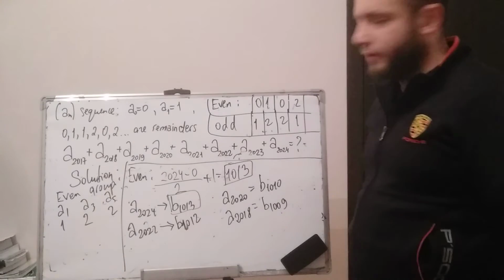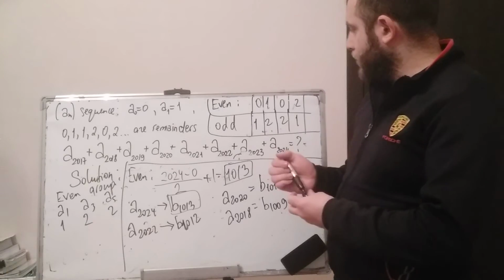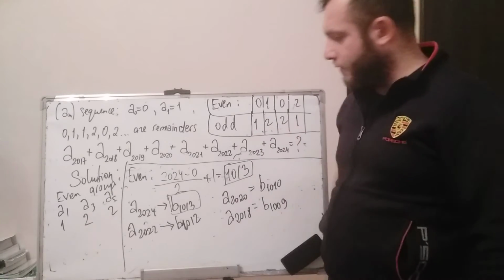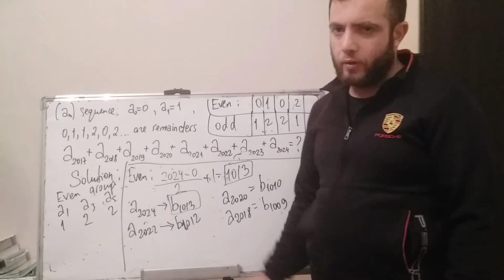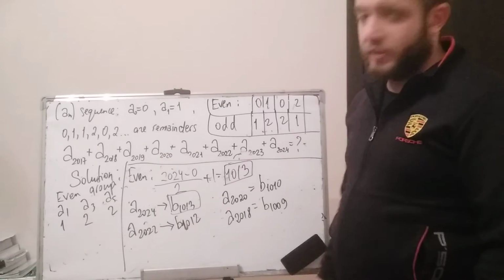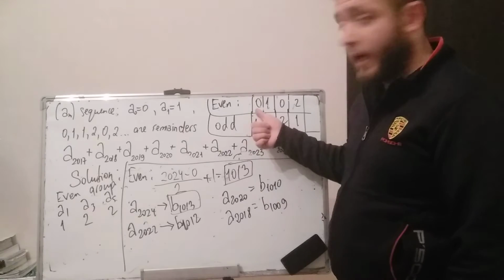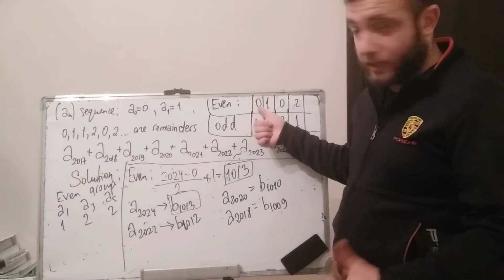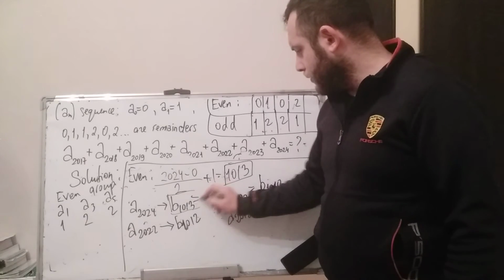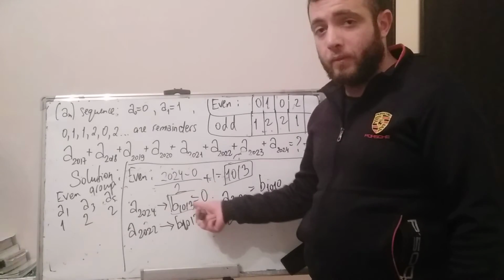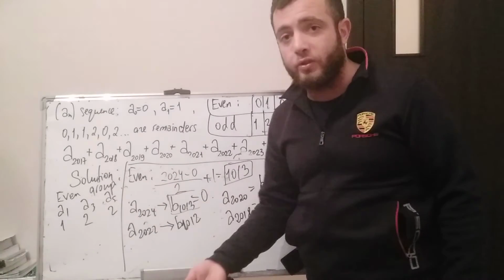They repeat every 4 numbers. So if we divide the given index 1013 by 4, we get remainder 1. Remainder 1 means we go back to the beginning, which is 0. So B sub 1013 is 0. It means A sub 2020 is 0.